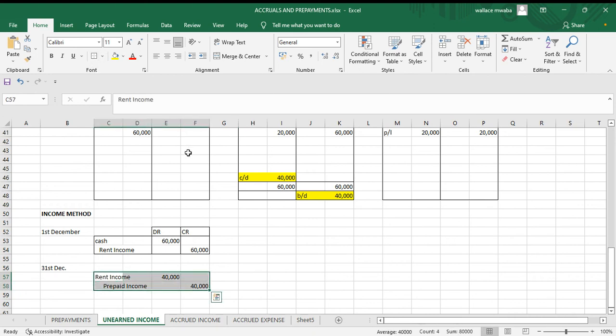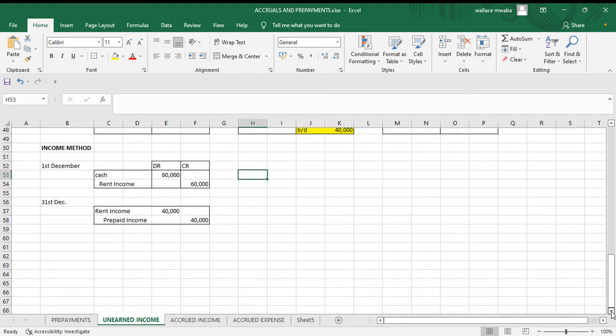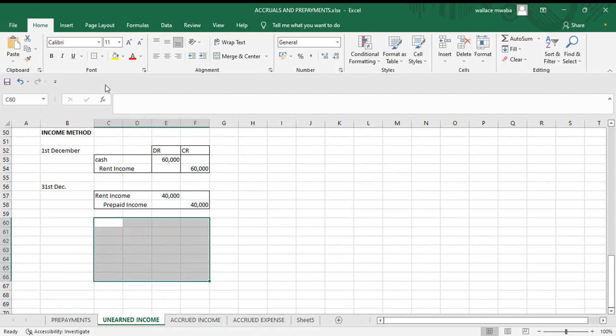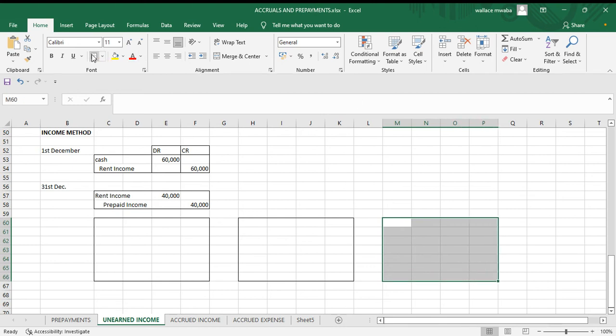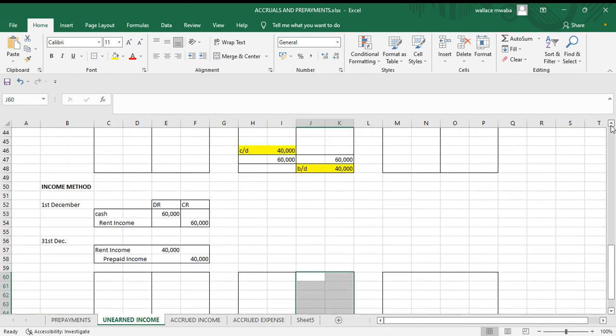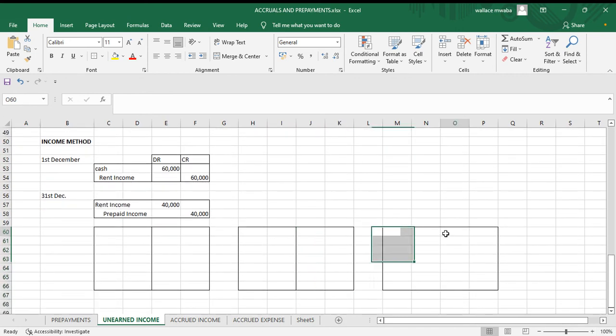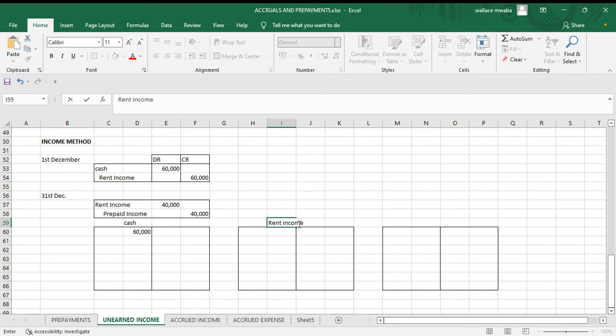So now let us see how our T accounts are going to be like. So we debit cash and we credit rent income 60,000.